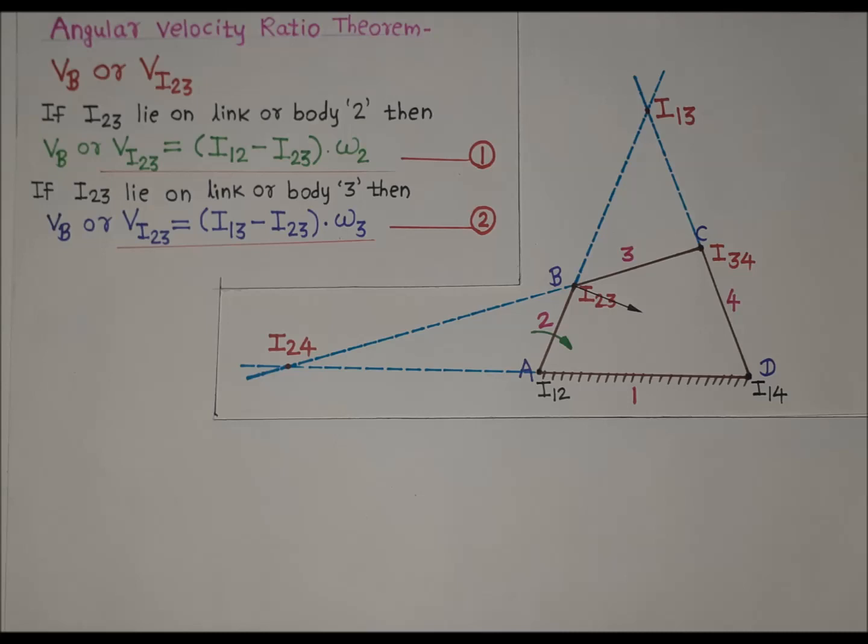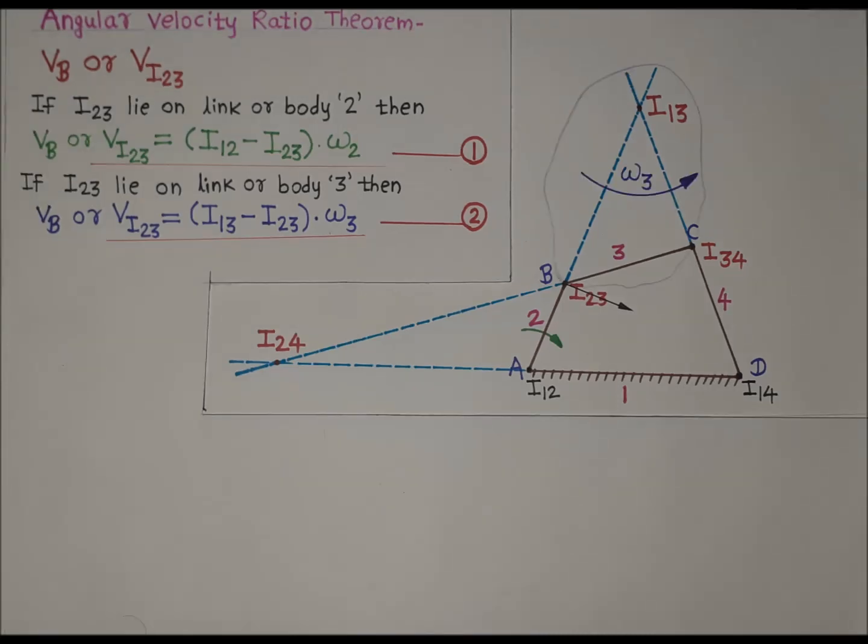It means VI23 will have the same magnitude and direction whether I23 lies on body 2 or body 3. Link 3 can have any shape, and it is having pure rotational motion about ICR I13 at this instant. By observing the direction of VI23, we will come to know that link 3 will rotate in anticlockwise direction about ICR I13.